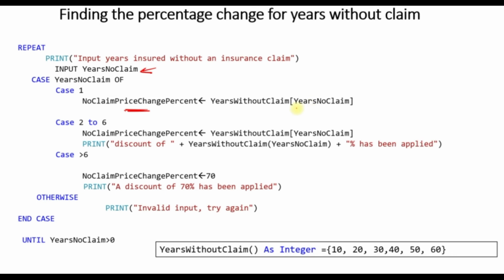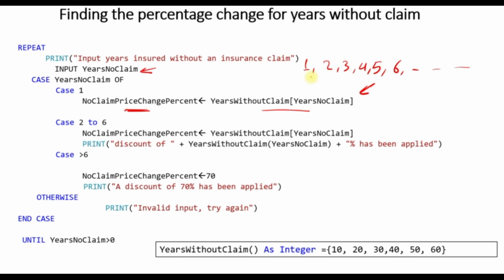Now let's try to explain this part. What is the logic here? The logic here is the user will input how many years that he have used the car without claim. So for example, he might input 1, he might input 2, 3, 4, 5, 6 or more. Okay, he might input one of these values which is representing the number of years without claim.